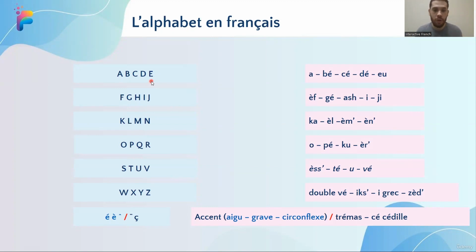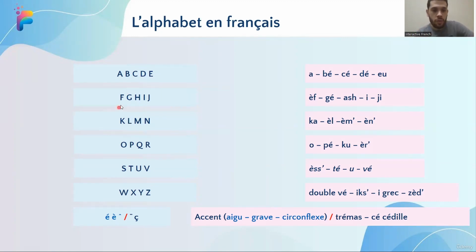And lastly, we've got E, okay? E. So it goes again A, B, C, D, E, okay? For the first 5 letters.